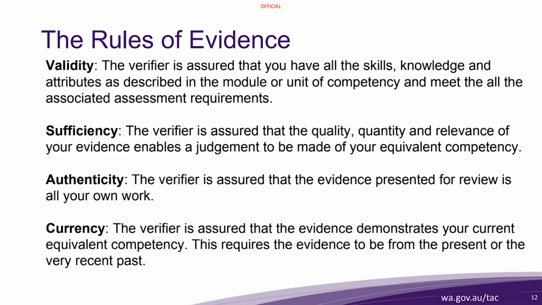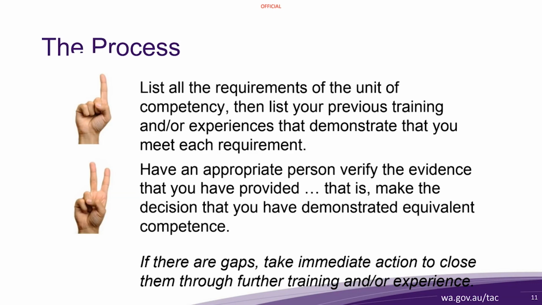In some organisations, they have what's called a trainer and assessor competency matrix, a TACM is the acronym that's used, and within that matrix is usually provided the evidence of equivalence. So you would see against a particular unit of competency that either the person has the unit, or they have the unit that is declared as equivalent to it, or they haven't, but have established equivalence through a process that was described in the previous slide: listing the requirements of the unit of competency, and listing and providing evidence of previous training and experiences that can be used to demonstrate that they met each requirement.